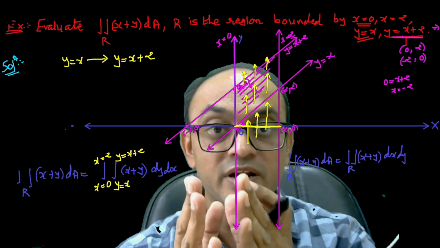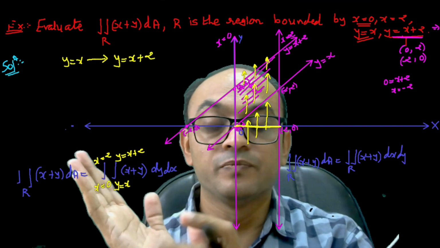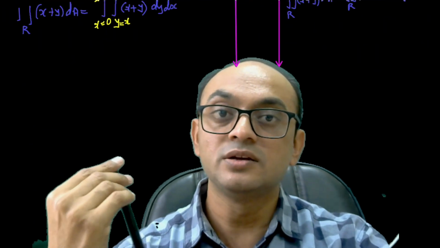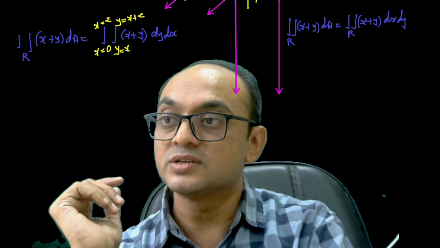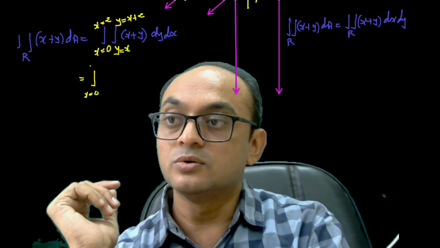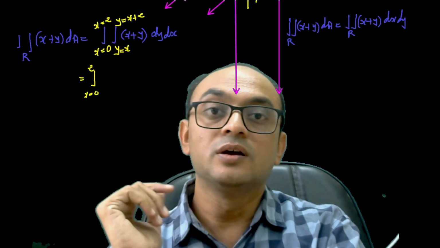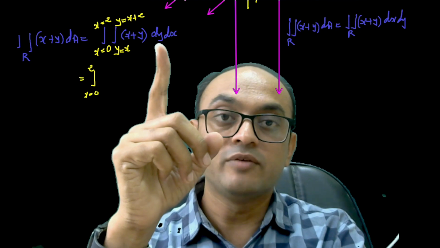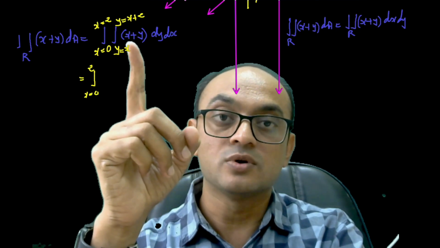Once the limit has been written, we are able to solve the integral. So let us go fast again and solve this integral. So this is equal to integration x is equal to 0 to 2. Next, what we have to do? We have to integrate with respect to y. When we integrate with respect to y, x is constant.